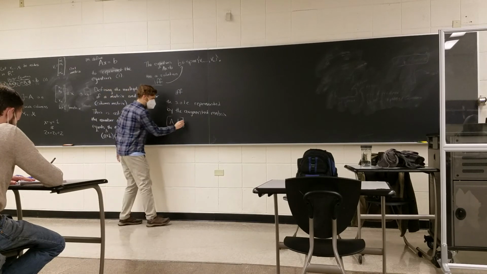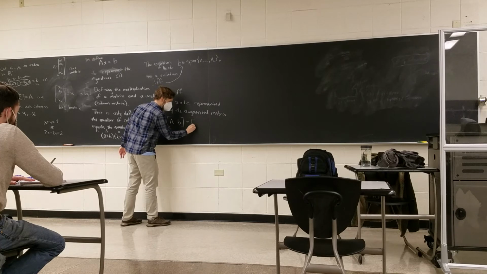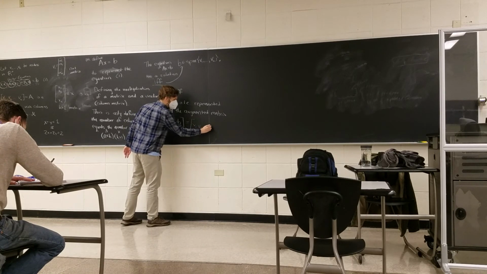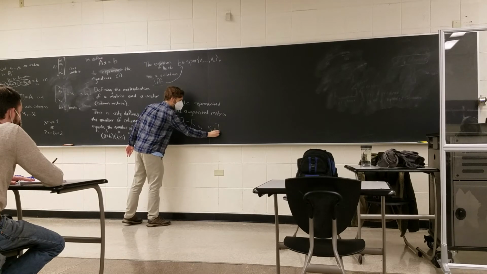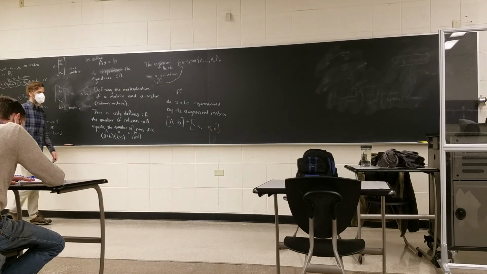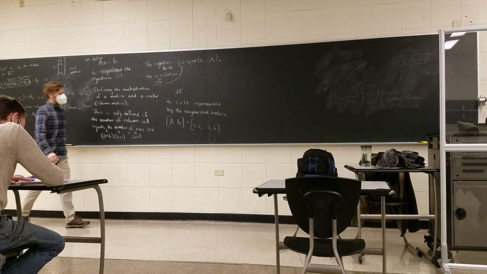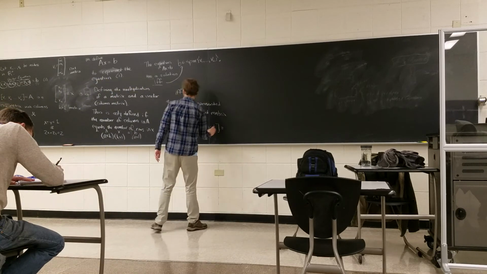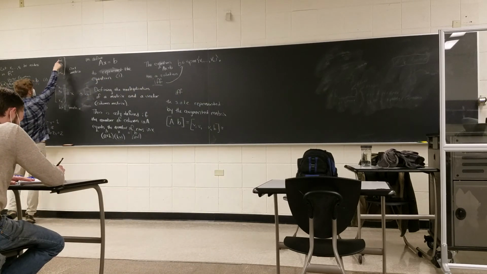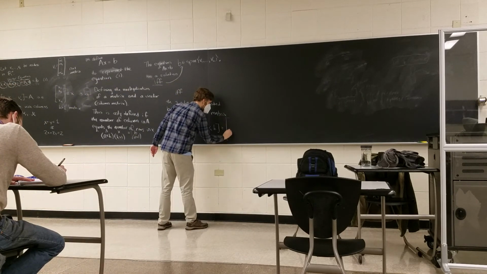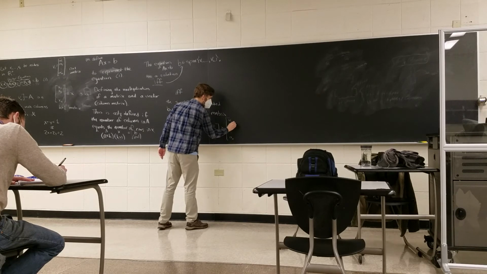So this is the augmented matrix that's the same as V1, V2, through VK, B. Which is the same as, what did I say the V's were? So V1 is alpha 1, alpha 2, through alpha n.